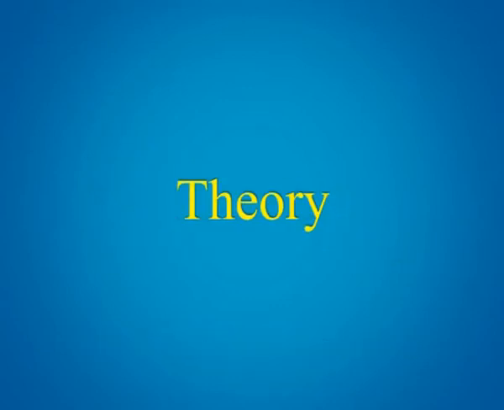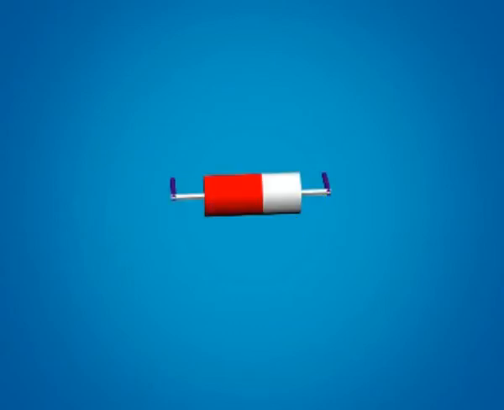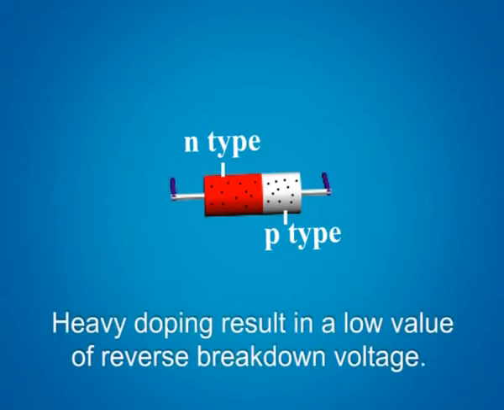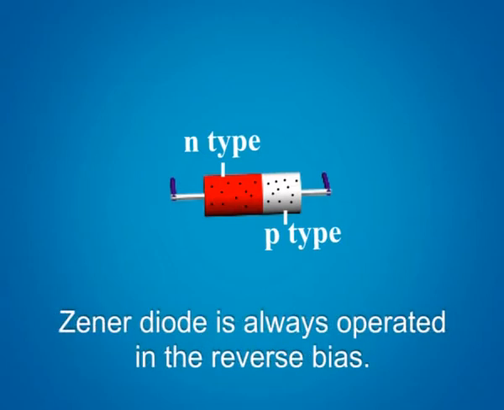Let's now understand the theory that works for this experiment. Zener diode is a semiconductor diode in which the N-type and P-type sections are heavily doped. This heavy doping results in a low value of reverse breakdown voltage. Zener diode is always operated in the reverse bias.